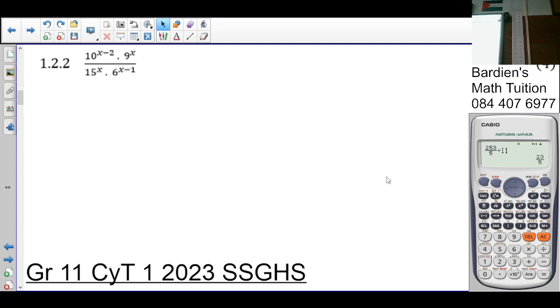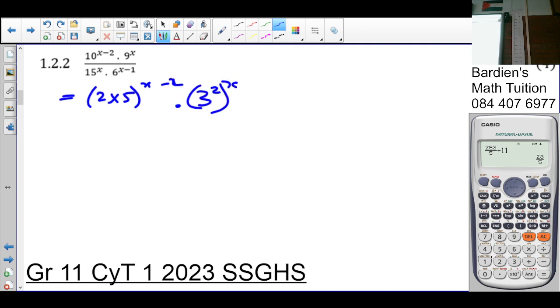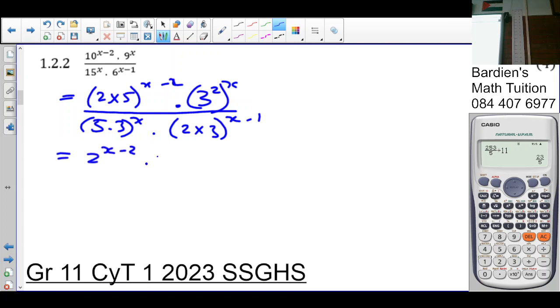Right, so let's carry on here, people. 10 can be broken up into 2 times 5. 9 is 3 squared, raised to the x, over 5 times 3, or 3 times 5 to the x, times 2 times 3 raised to x minus 1. So this can be written as 2 to the x minus 2 times 5 to the x minus 2 times 3 to the 2x, as a multiple of exponents.